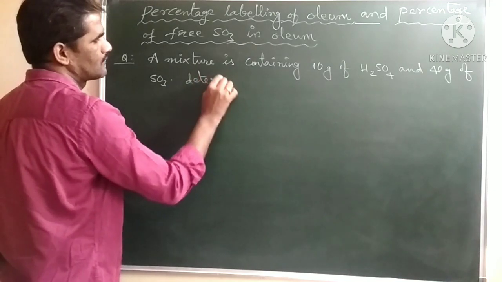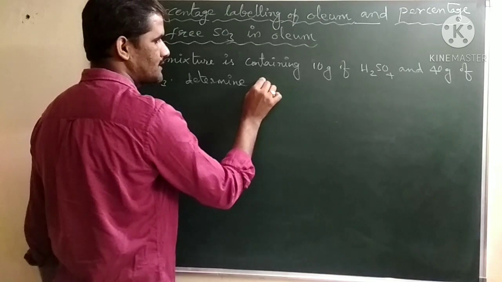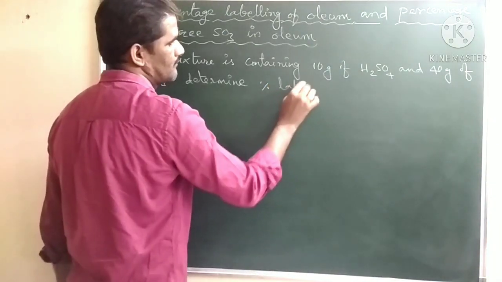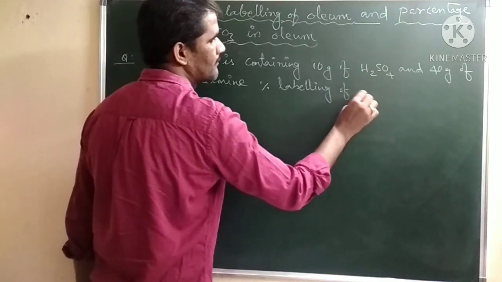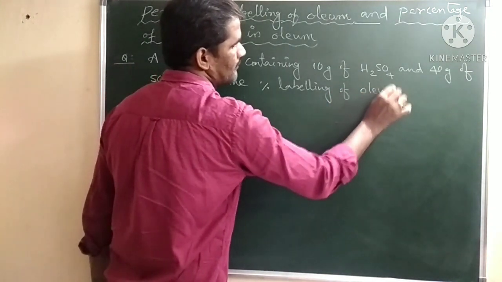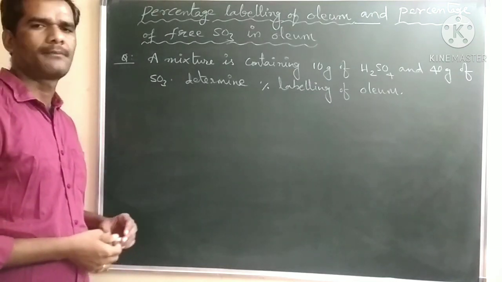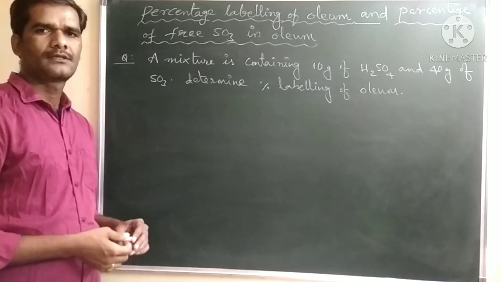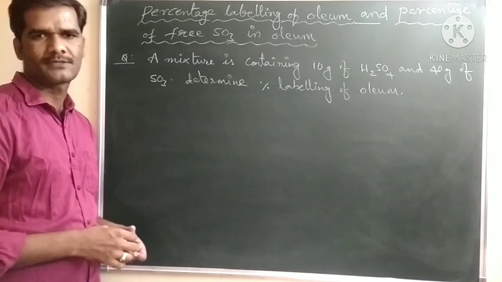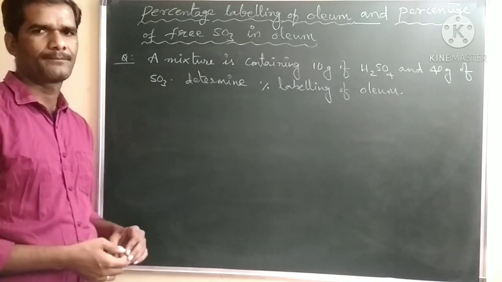Determine the percentage labeling of oleum. So let us assume a mixture containing H2SO4 and SO3 in the amounts 10 grams and 40 grams respectively. Then what is the percentage labeling of that oleum?